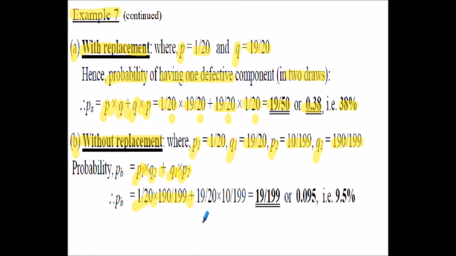Added to that, we've got the situation where on the first draw we draw a satisfactory item, so the probability is 19 upon 20, and on the second draw we draw a defective item, so that's 10 upon 199. Doing the numbers on this, we get 19 upon 199, or 0.095, 9.5%.